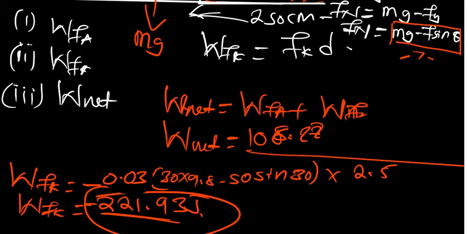Okay, yeah, now it's making sense. When I use the mu value of 0.03, I'm getting my work done to be negative 20.18 joules. Confirm for those having calculators.